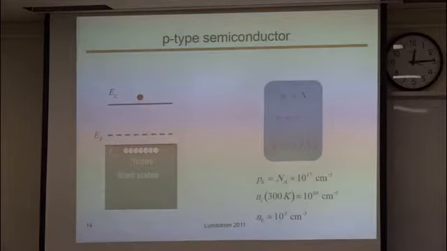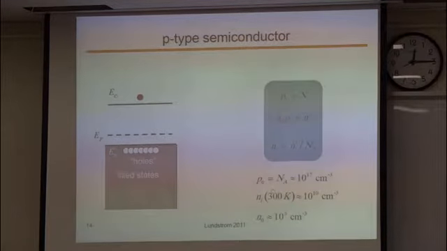But if you look at the P-type semiconductor, like silicon, the number of holes, which is p0, will be much higher than the number of electrons.